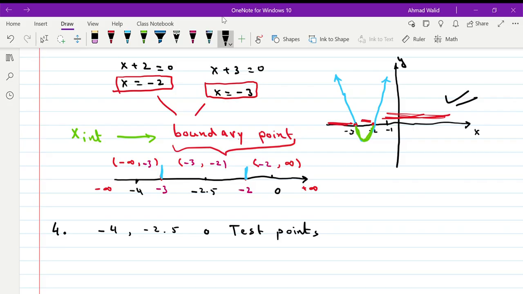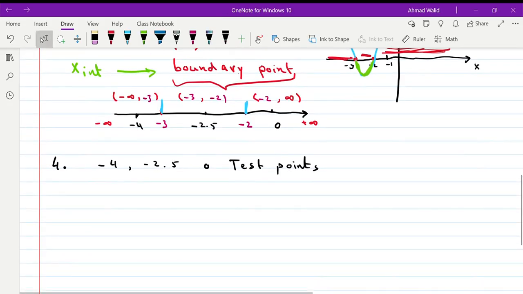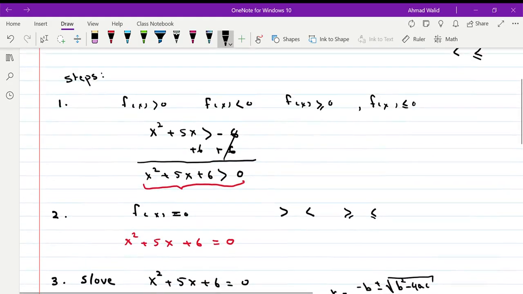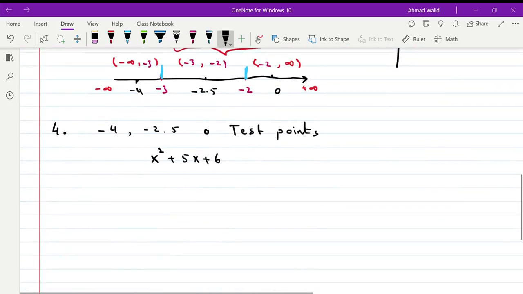And you use your test points where? You plug them into your inequality. What was the inequality? x squared plus 5x plus 6 greater than 0.